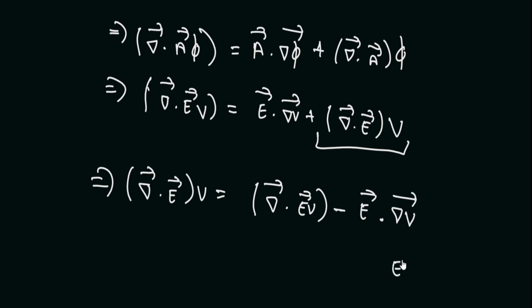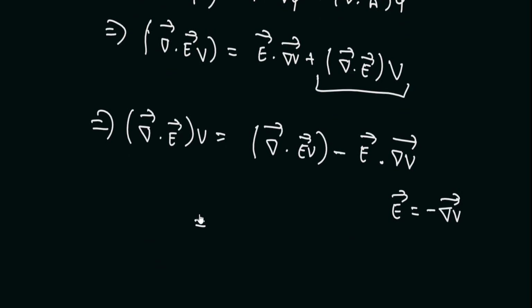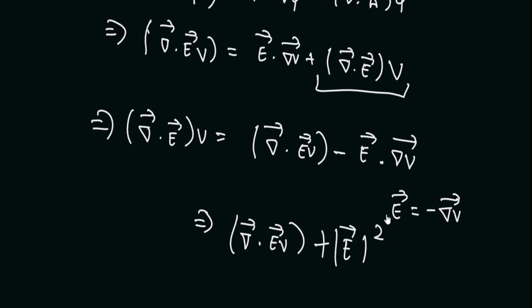Now, we know that the electric field is equal to the negative gradient of potential. So this will further reduce to divergence of electric field times potential, minus times minus becomes plus. This will be the magnitude of the electric field the whole square, since the electric field is the negative gradient of potential, and this term times this is just the magnitude of the electric field the whole square, and minus minus becomes plus.